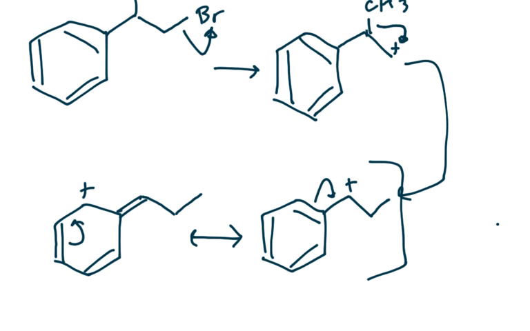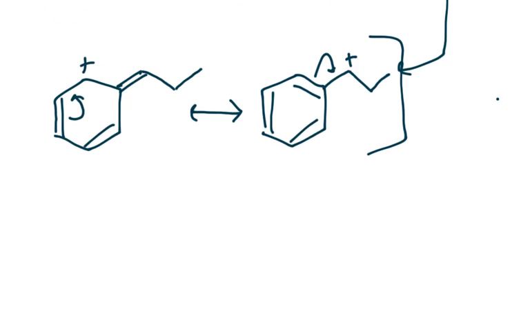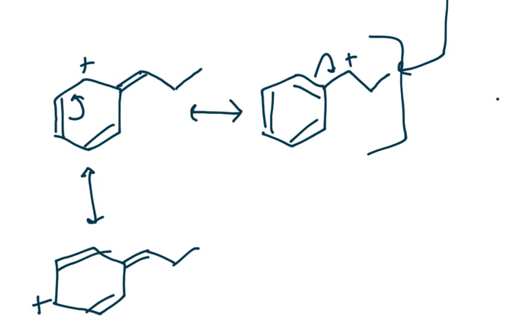These electrons here, and then I can get another plus, right? So this is in resonance with this. And I can keep doing that. I can chase this carbocation around the benzene ring until I'm really exhausted of drawing these structures.